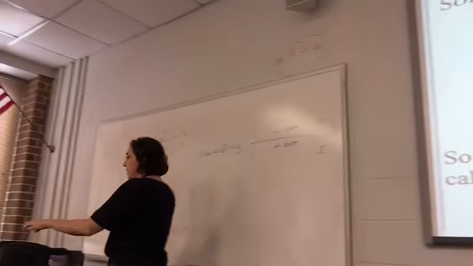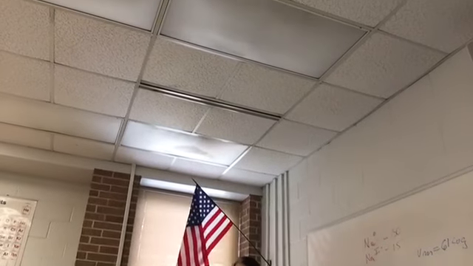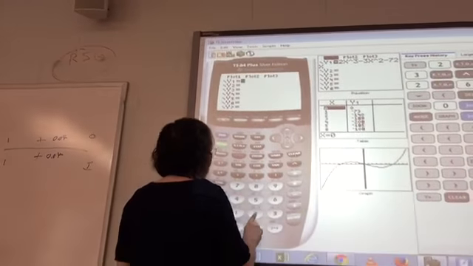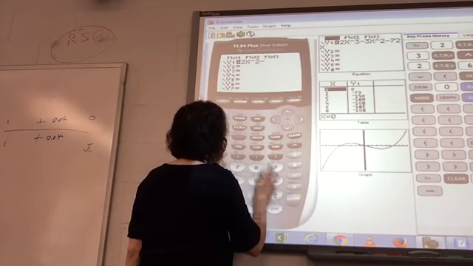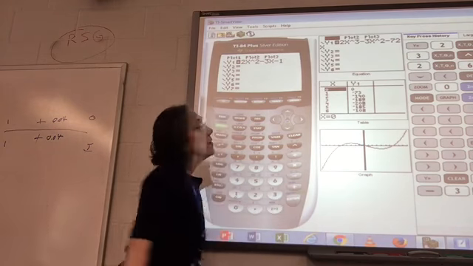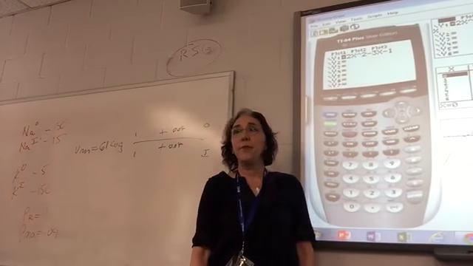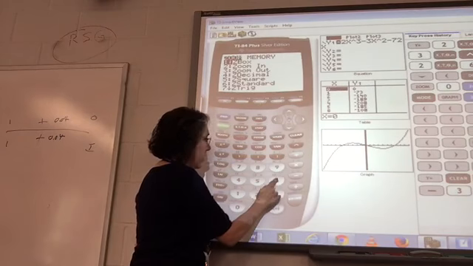So let's go to that. So we're going to be typing in 2x squared minus 3x minus 1. Everybody got that? We're going to hit zoom 6 because remember I was in zoom fit.